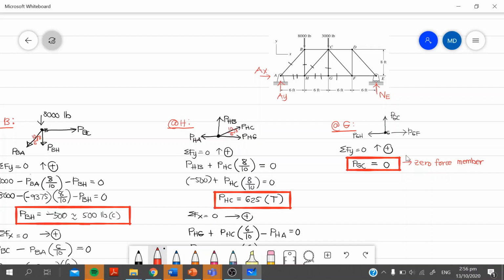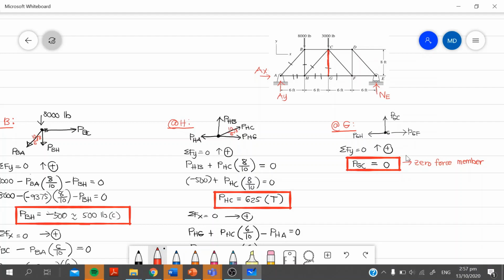Kaning member GC, redundant na siya. Meaning sa redundant, nagdungag-dungag sa truss pero wala din siya ikatabang sa truss kay wala man siya force na gi-sustain. Kasi nga, zero force member siya. So, this is a redundant member. Murag, sobra lang siya, wala siya gamit na member.